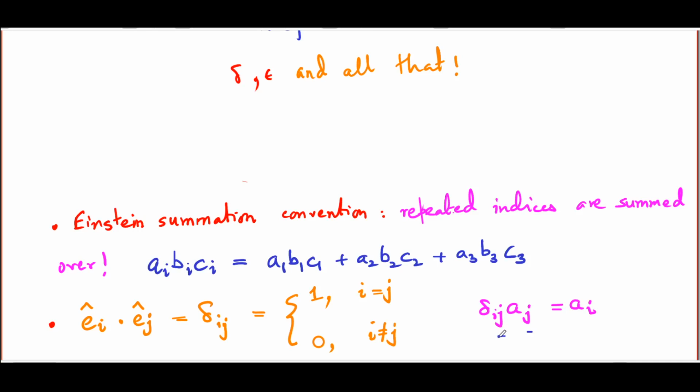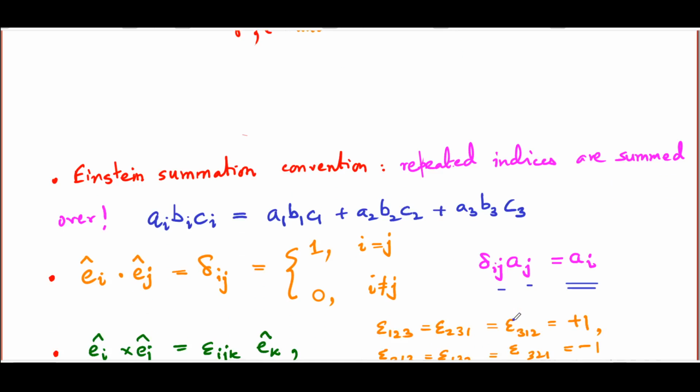So here the summation index is j, the other index is i. So in the rest of the expression, that is in aj, the j will be replaced by i, and so we will end up with ai. Keeping this in mind allows us to carry out sums involving the delta symbol very, very simply.